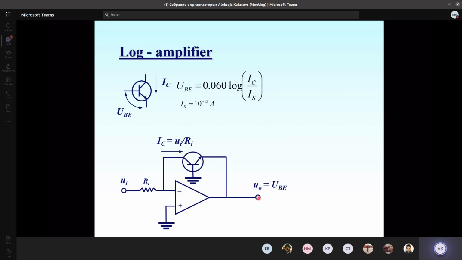The output voltage will be exactly the voltage between base and emitter, and we know that it's a logarithm of the collector current. The collector current itself is the current through the input resistor.